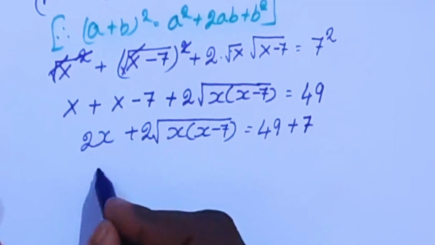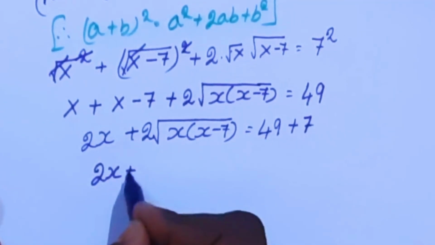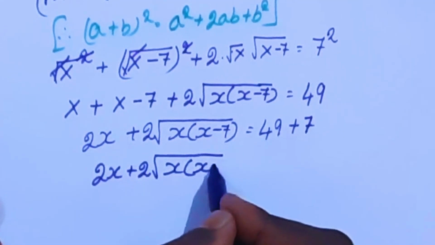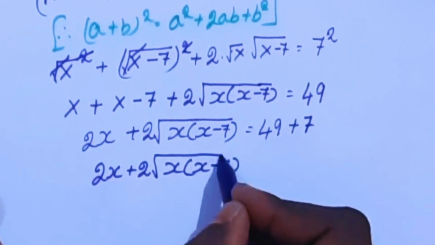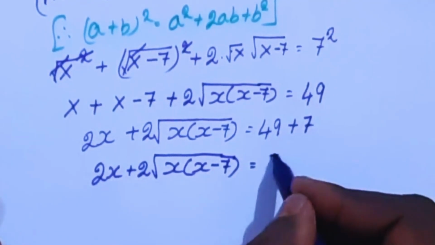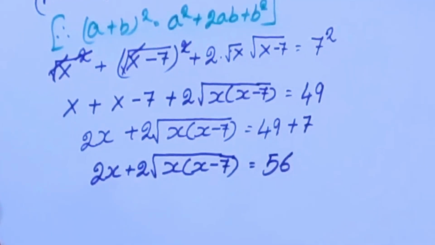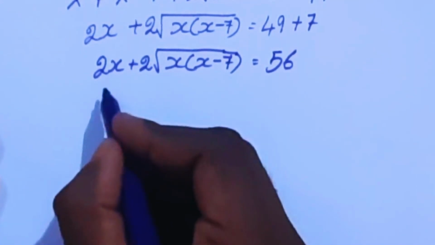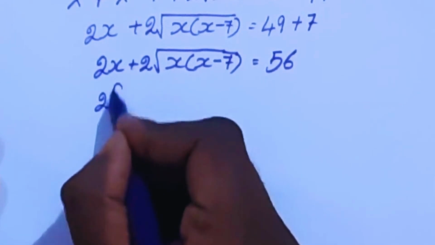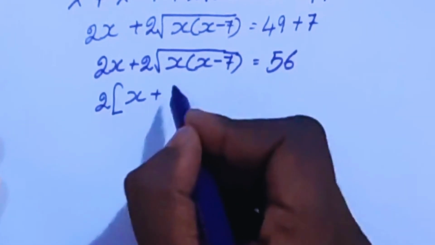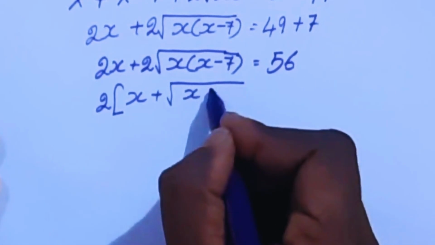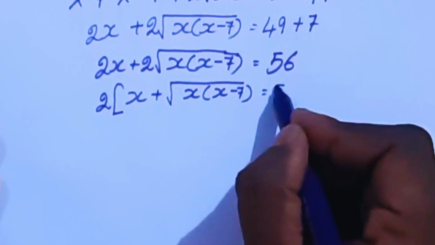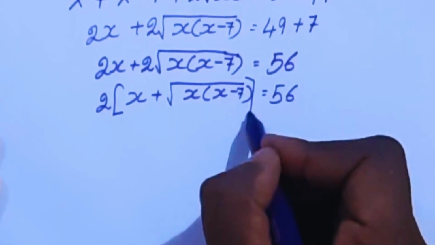Now 2x plus 2 square root of x times (x minus 7) equal to 56. Now take 2 common from this, so 2 (x plus square root of x (x minus 7)) equal to 56.